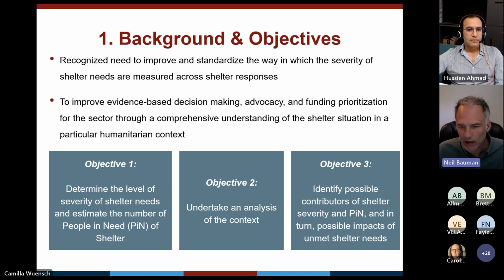So we've had many discussions on how to systematize it, how to bring it all together and bring some conformity into our processes, both within how we manage clusters, but also as a sector, how we think about shelter.